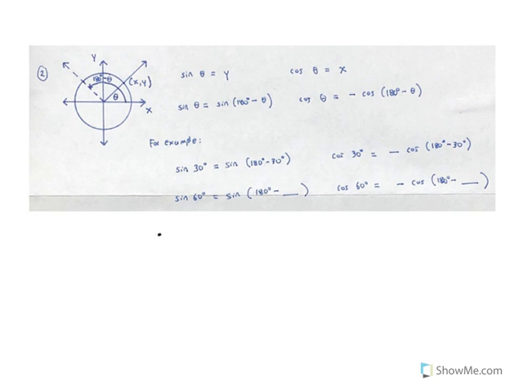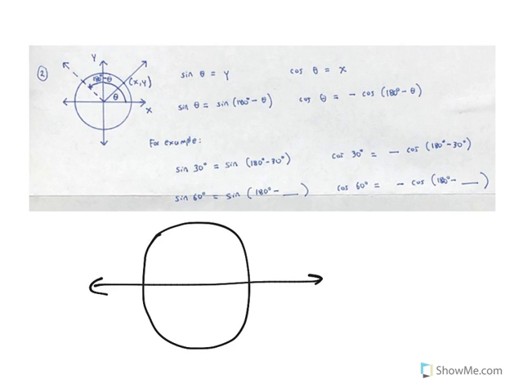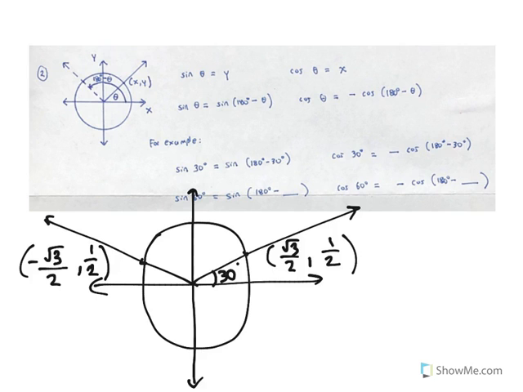So for example, if you have an angle theta that measures 30 degrees with the positive x-axis, we can write that sine of 30 degrees is equal to the y-coordinate of the point on the circle intercepted by the terminal side of the angle. It's equal to 1/2. But make this observation.